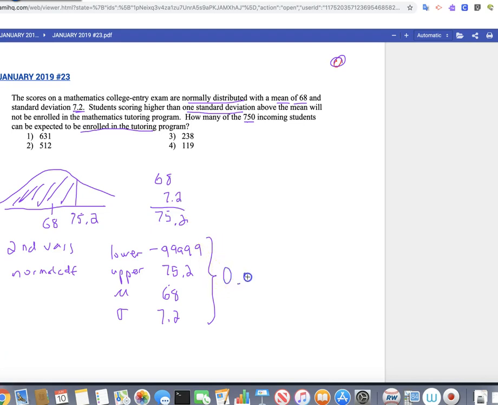We can use that to help finish off our problem. This is our probability, but they didn't want the percent, they wanted the number of students.